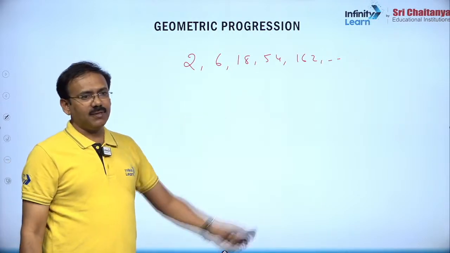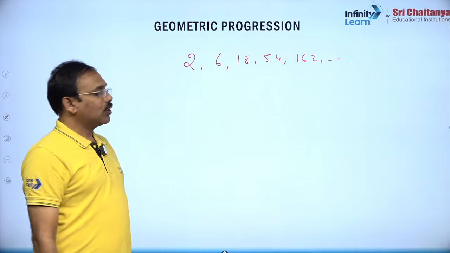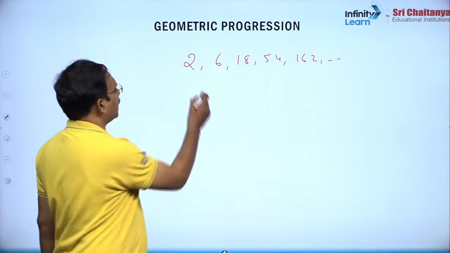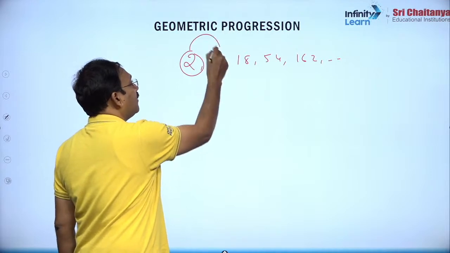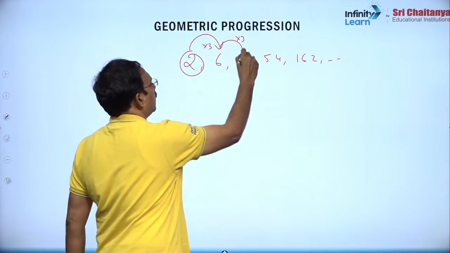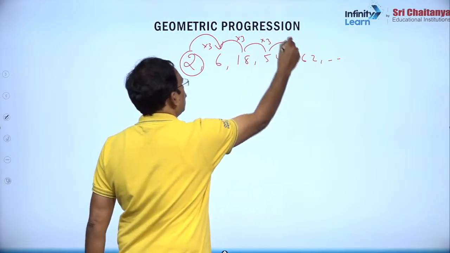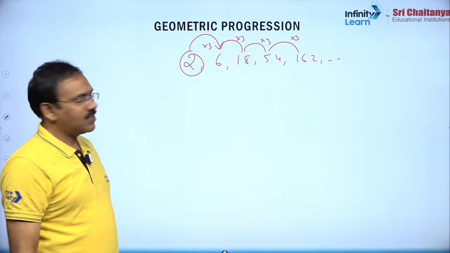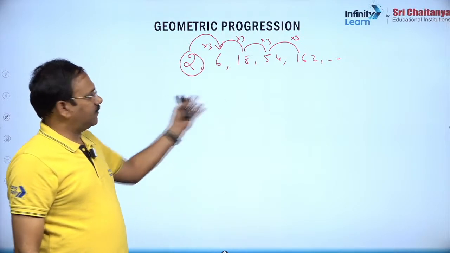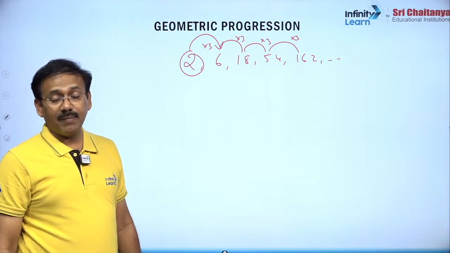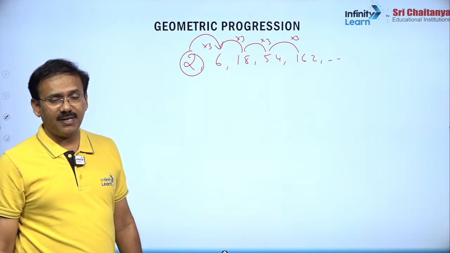So, these are the numbers 2, 6, 18, 54 and so on. We start with a number, we keep on multiplying with a number, into 3, into 3, into 3, like this. So, my dear friends, this kind of progression, where we start with a number and keep on multiplying with a number, is called geometric progression.